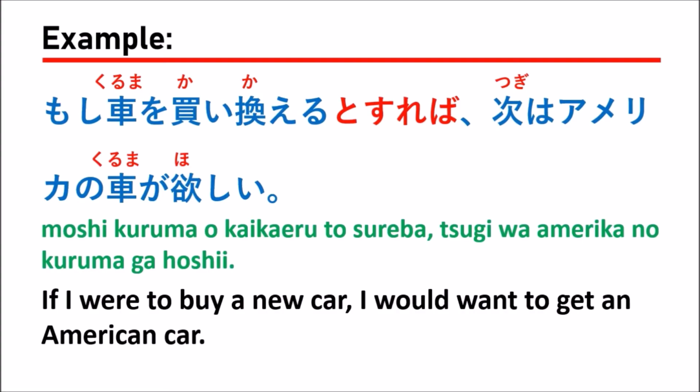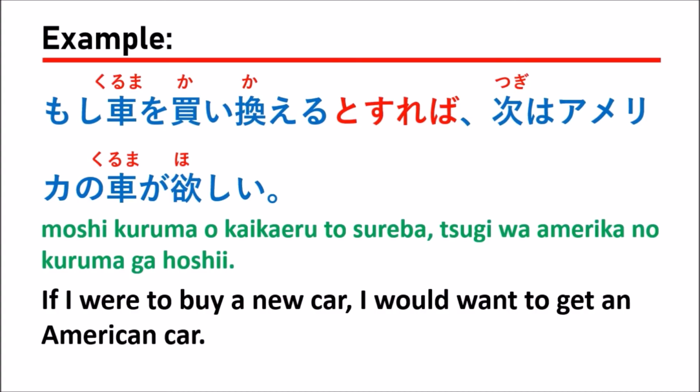Here our verb is kaeru, in the dictionary form. So when the word is in the dictionary form, you don't need to change anything, right? And after it, just follow by tosureba or toshitara or tosuruto.